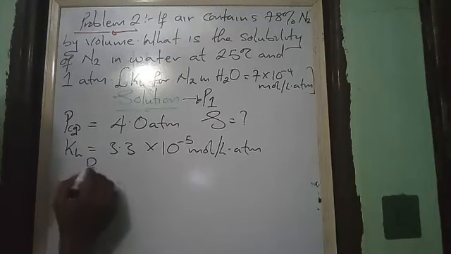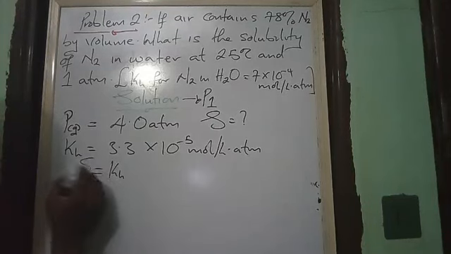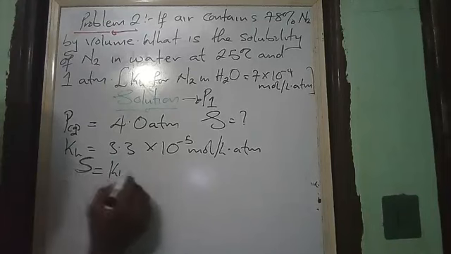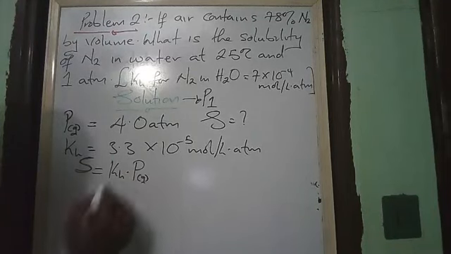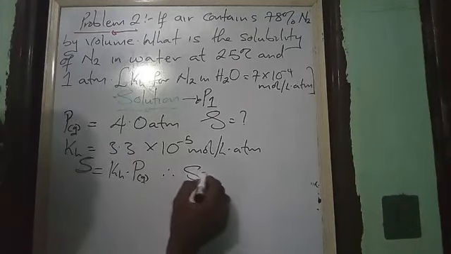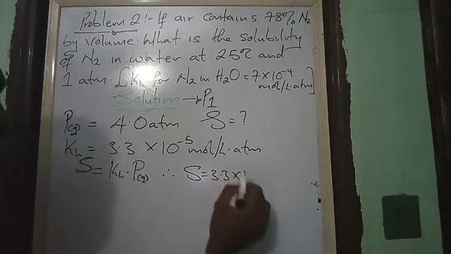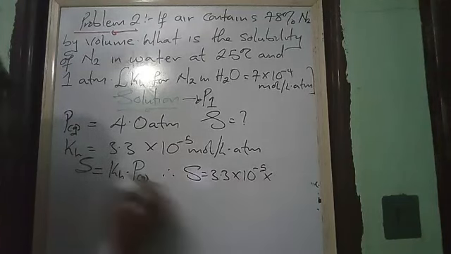From our Henry's law formula, we said S is equal to KH times P of the gas. We wrote this down. So that means our S is equal to KH, which is 3.3 times 10 to the power minus 5, times 4.